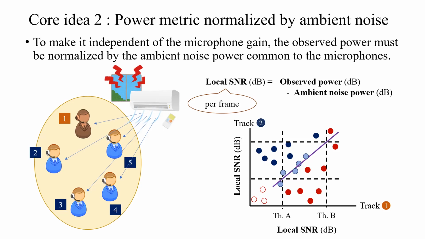Since the ambient noise is common to all microphones, we can compensate for gain differences by dividing by the mean ambient noise power. This paper refers to the normalized logarithmic power as local SNR, as shown in the two-dimensional plots.